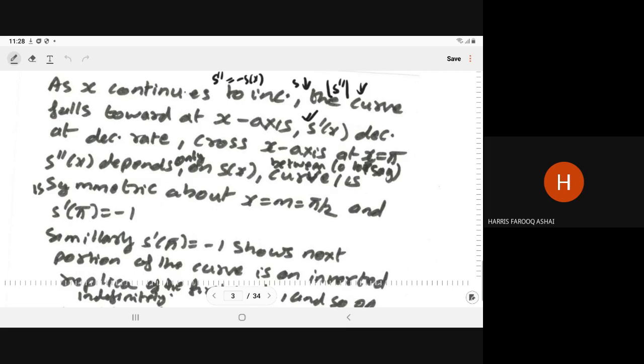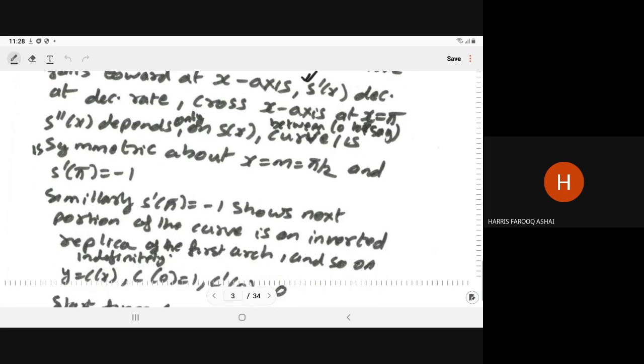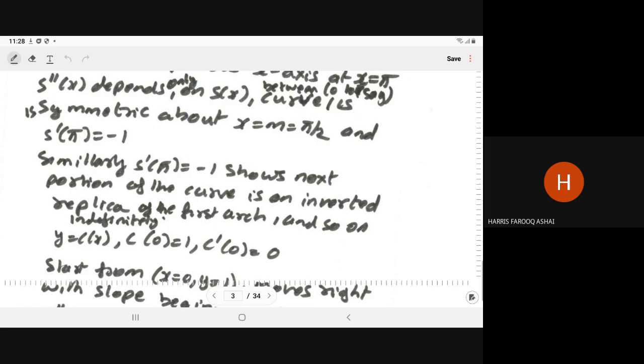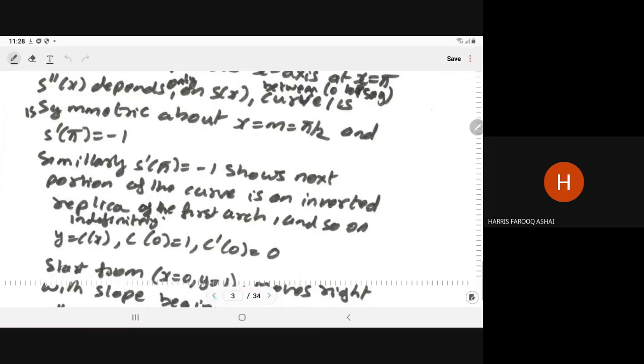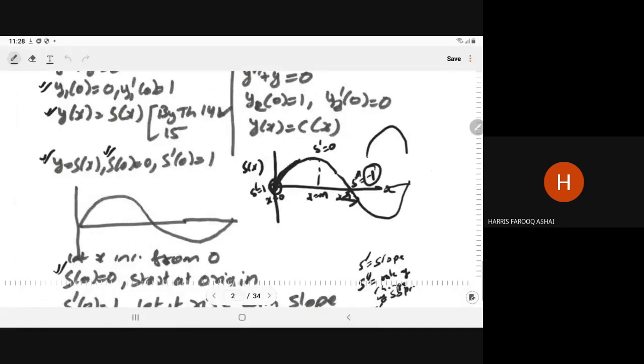Similarly, S dash pi is equal to -1 shows the next portion of the curve is an inverted replica of the first arc, and so on indefinitely. And so on indefinitely means, so what will happen? Again, here we have S dash is equal to 1.